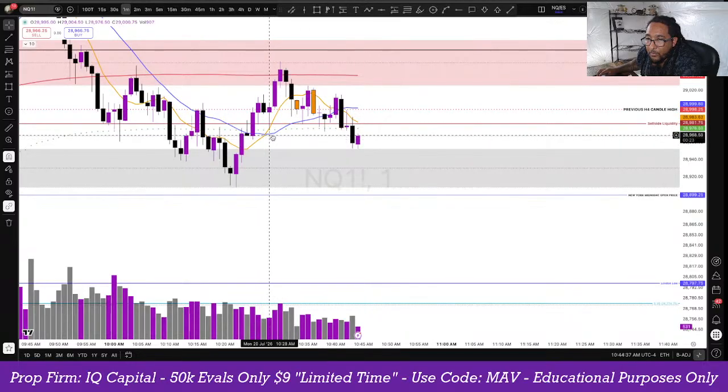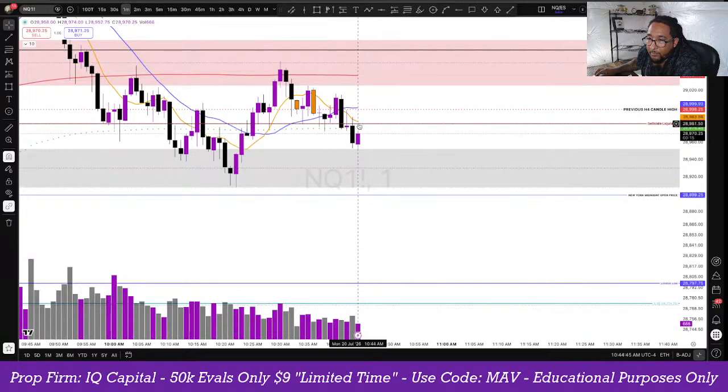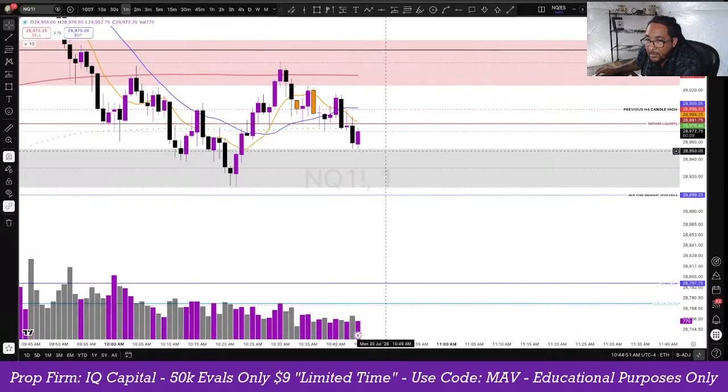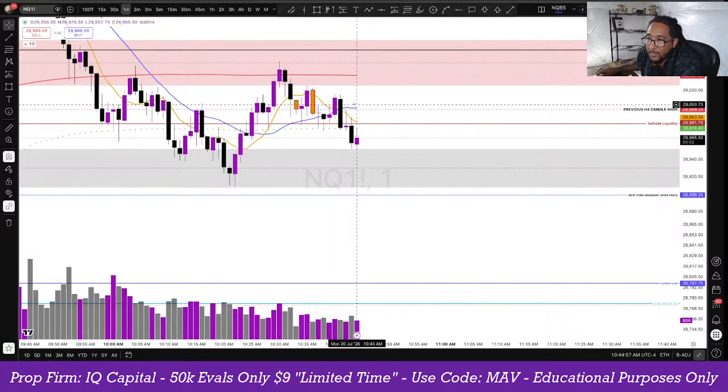So you see the 8 will cross over top of the 20, which indicates higher prices. Right now we got the 8 crossing below the 20, which indicates lower, and then price starts to reject off of that 8 MA.